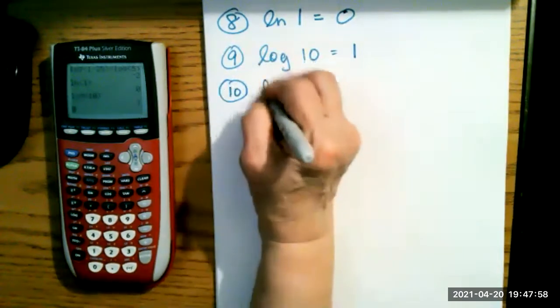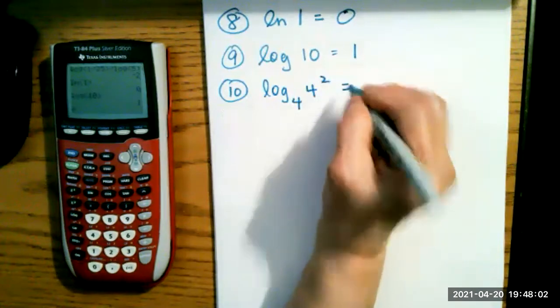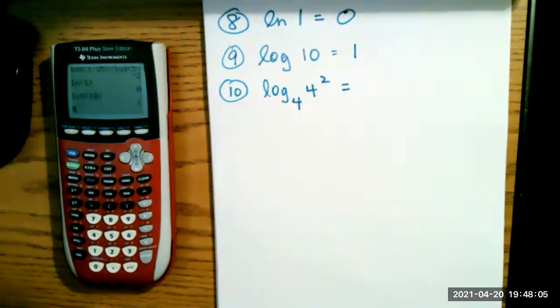Number 10. Log base 4 of 4 squared. Okay. Somebody tell me the answer to this, and you can do it any way you want to. Exponential is probably the easiest, fastest way to do it. I haven't grasped the exponential form yet.